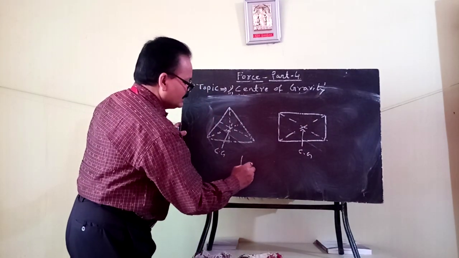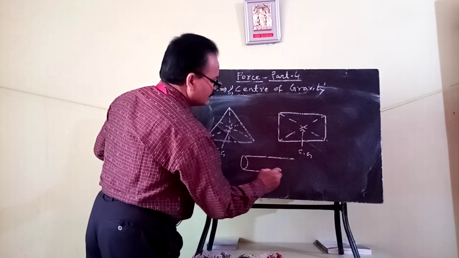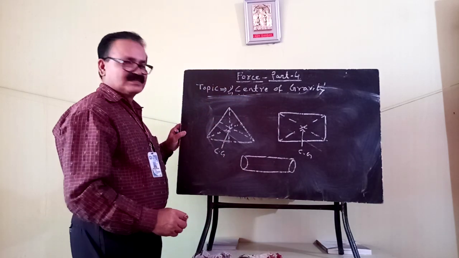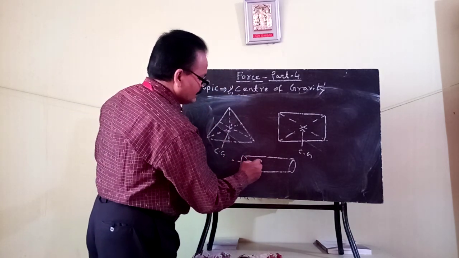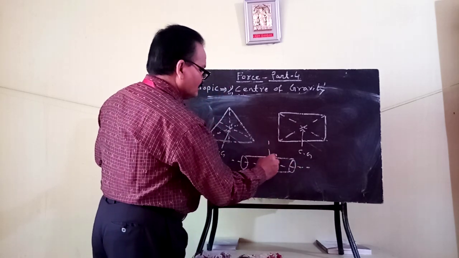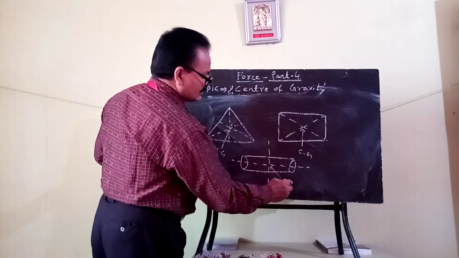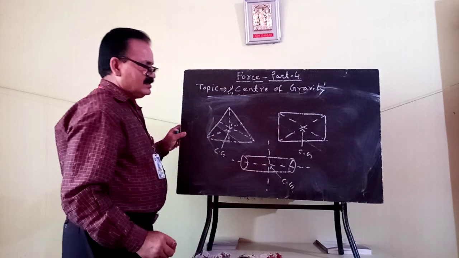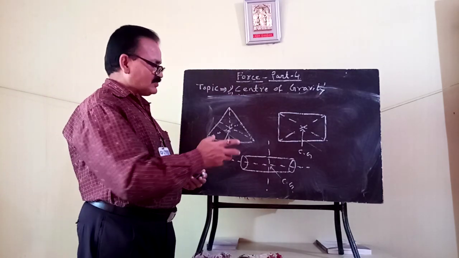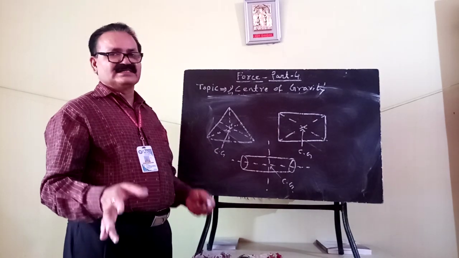Similarly, if it is a 3-dimensional body, say a cylindrical object, then the point of intersection of the lines of symmetry of the cylindrical body is your position of center of gravity. So you can get the position of center of gravity by simply finding out the geometrical center.